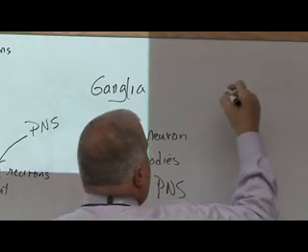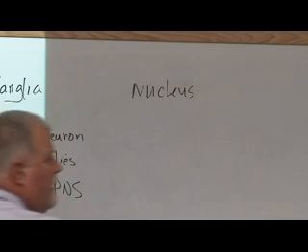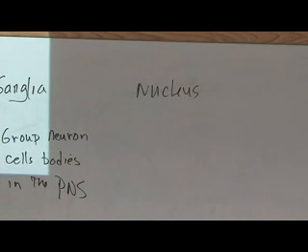There's another word up here that we've used a number of times. It's the word nucleus. So if you took a chemistry class, you would interpret the nucleus as the center of an atom. And it still contains a group of entities, right?